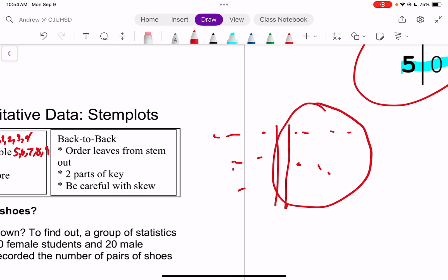But if you do the same thing on the one on this side, even if you turn your head to the left, it looks like it's skewed left, but it's actually not. It could also be skewed right. So a better thing to think about when it comes to skew is, are we skewed to the lower numbers or are we skewed to the higher numbers?